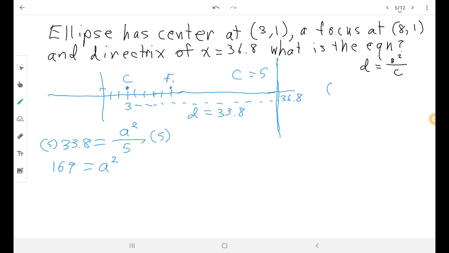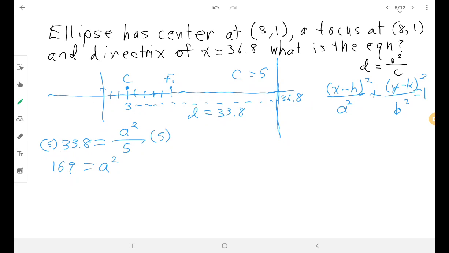Because I'm going to do x minus h all squared over A squared plus y minus k all squared over B squared equals 1.